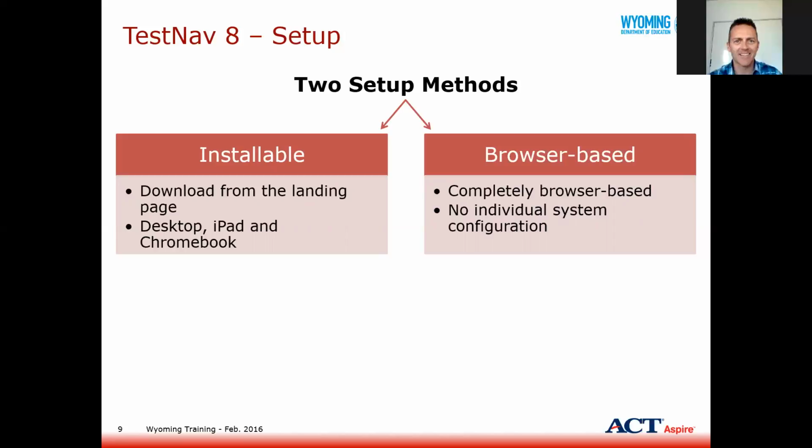One thing to note here is that the Chrome browser no longer supports the Java plugin. So if you do use Chrome within your districts, we highly recommend using the installable desktop application instead of your Chrome browser. Firefox will also no longer be supporting Java after June of 2016.